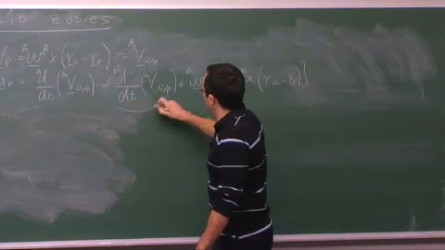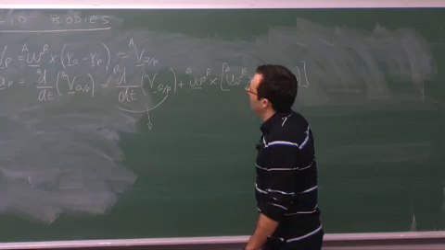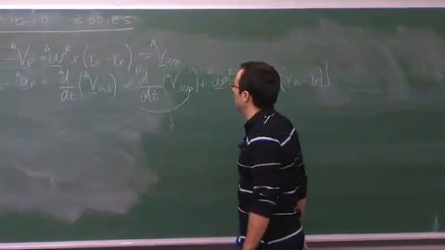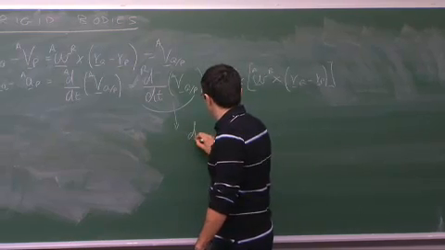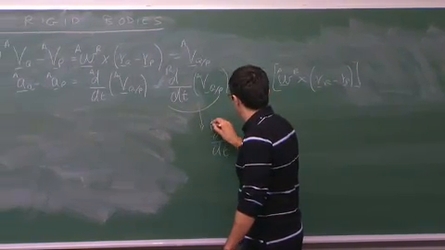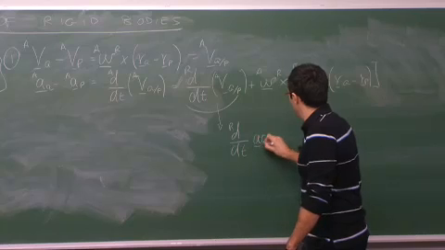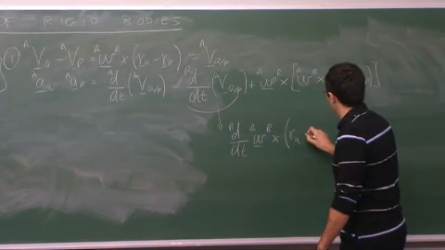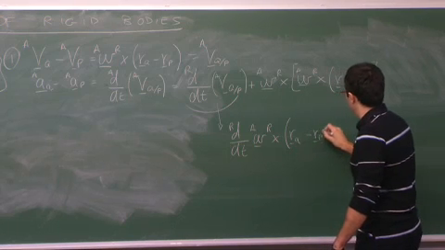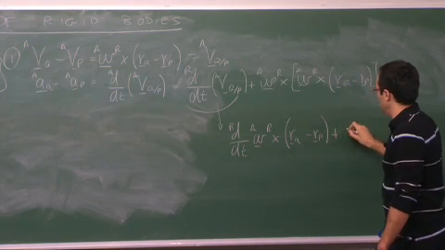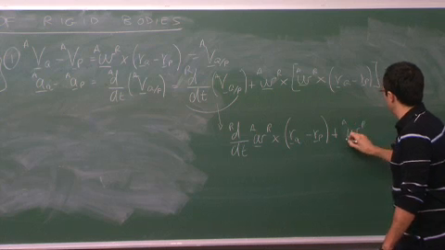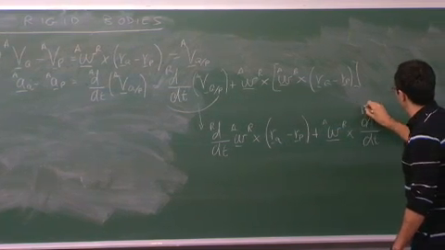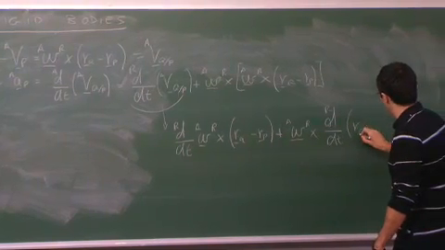I need to compute the rate of change of this cross product in R. Well, d/dt in R of omega R A cross with rQ minus rP, plus omega R A cross with d/dt in R of rQ minus rP.